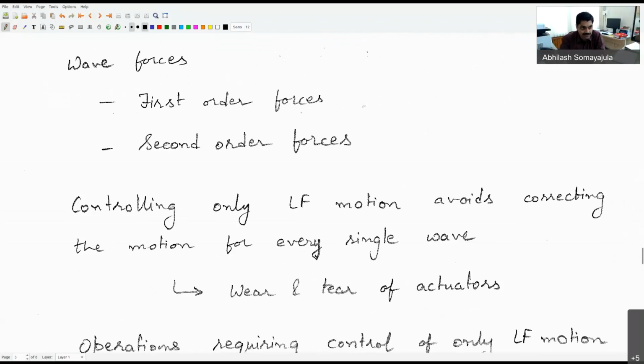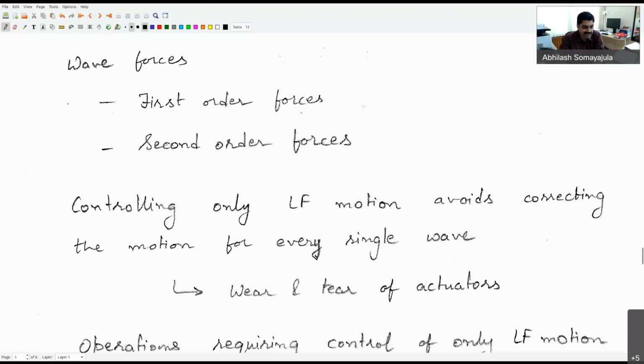And I think we have spoken about this briefly when we were talking about modeling, that when you have waves of different frequencies, you'll see forces come up at some frequencies as well as difference frequencies. It is the difference frequencies, which come at a low frequency regime, that we need to be bothered about. It is the high frequency stuff which we do not need to bother about, and we want to filter it out.